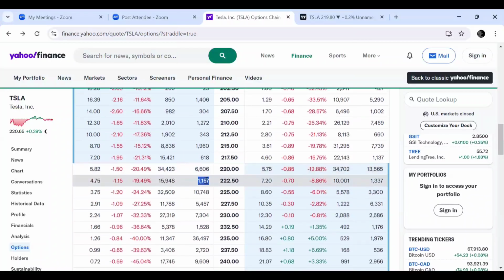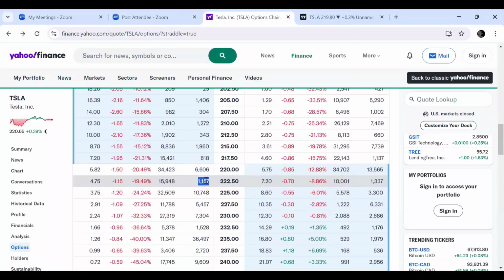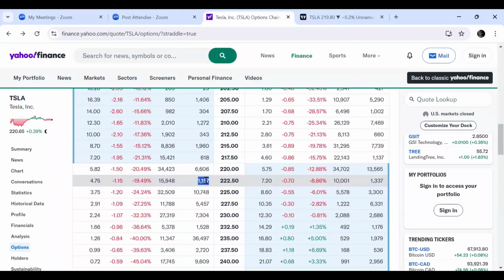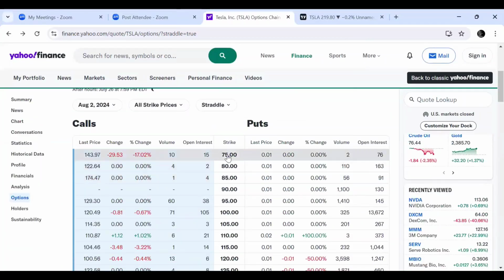Each cost $222. So when they have purchased such a huge amount, why would they think of taking losses? Here, everyone, from top to bottom, even from $50, you can see at $75, you are seeing 15 open interest.